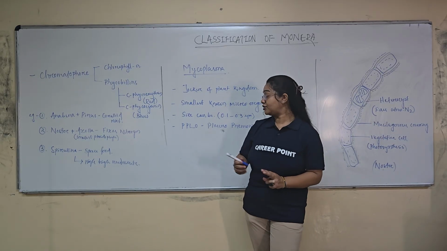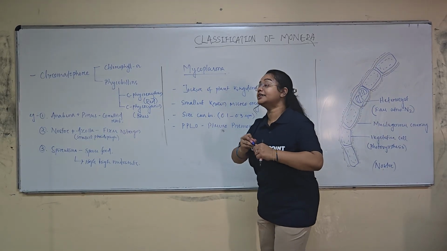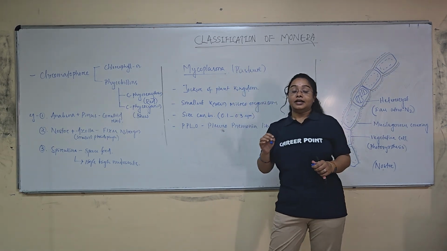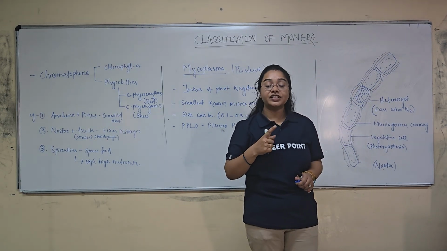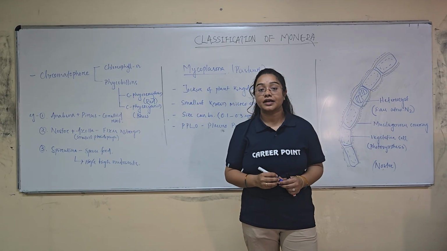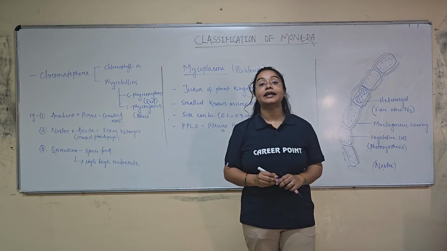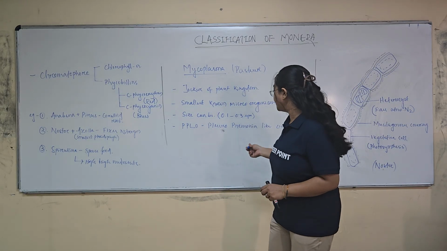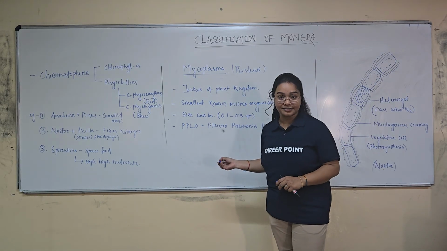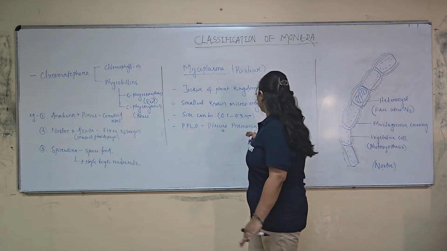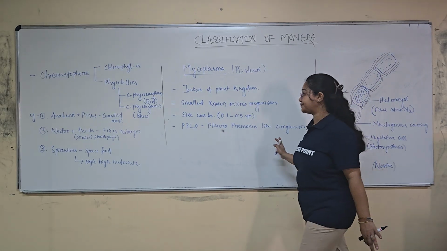Because this mycoplasma was discovered by Pasteur, and he first saw it in bovine pleuropneumonia disease in cattle. So he first isolated it in the pleuropneumonia disease in cattle. So that's why he named it pleuropneumonia-like organisms.